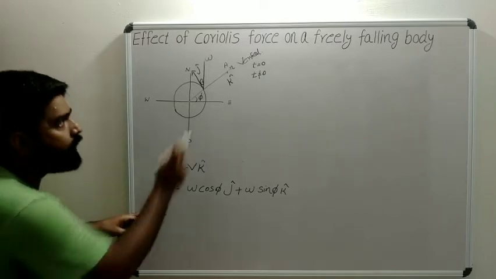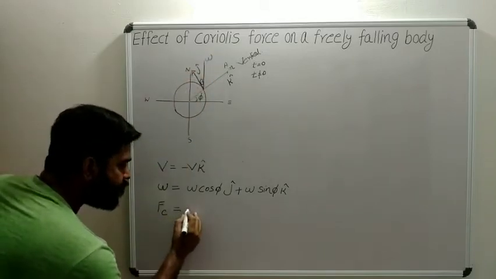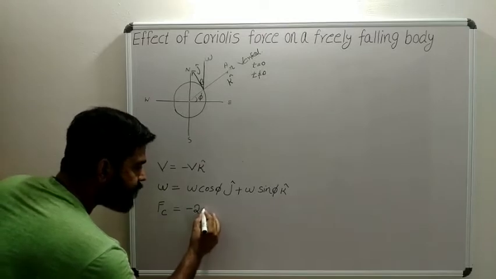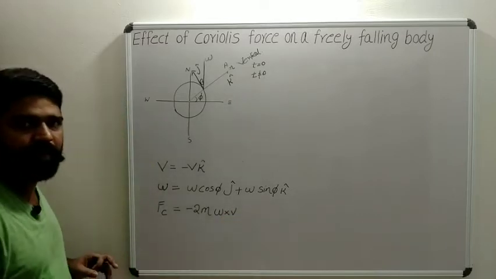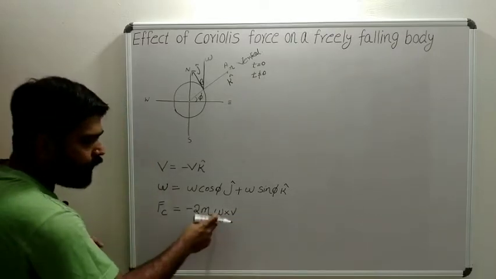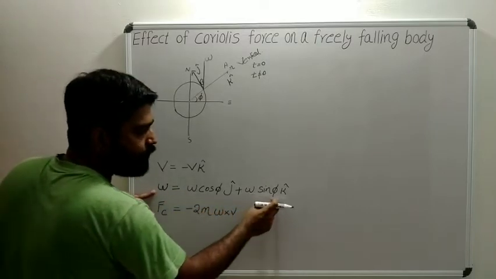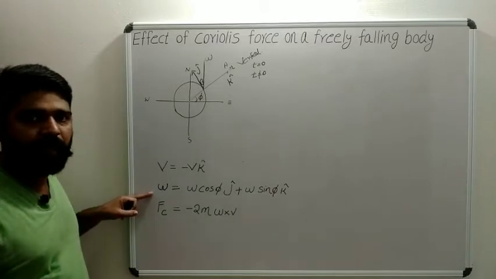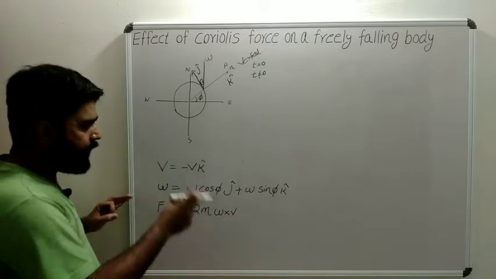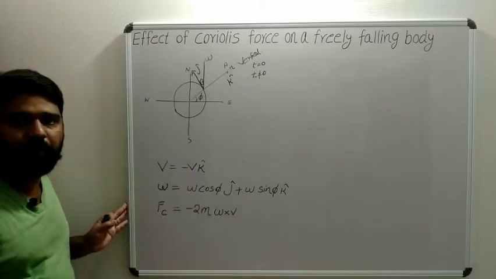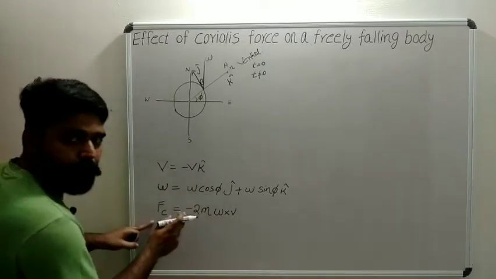So Fc represents the Coriolis force. So Coriolis force Fc is equal to minus 2m omega cross V. Here we know the value of omega, that is omega cos phi j plus omega sin phi k cap, and we already have the value of V. What is V? Minus V k cap. Now we can substitute this value of omega and V in this equation.